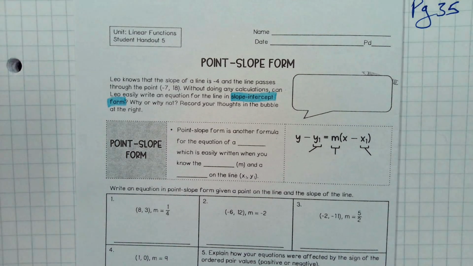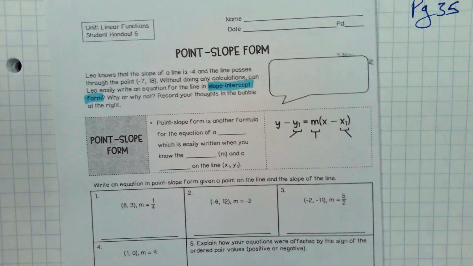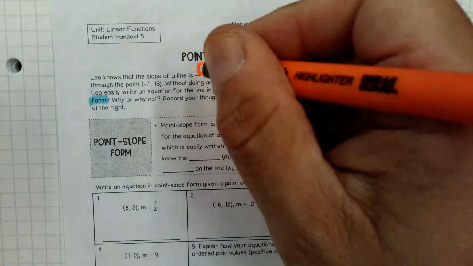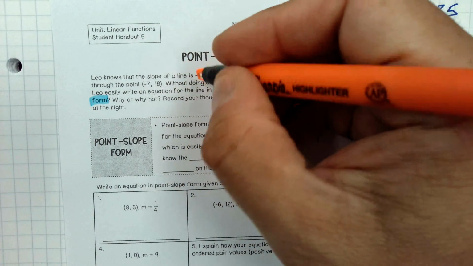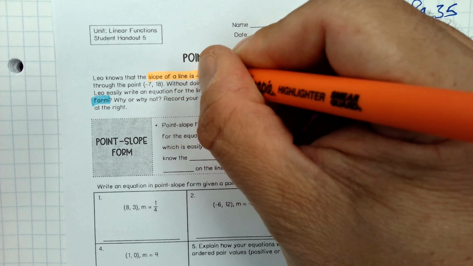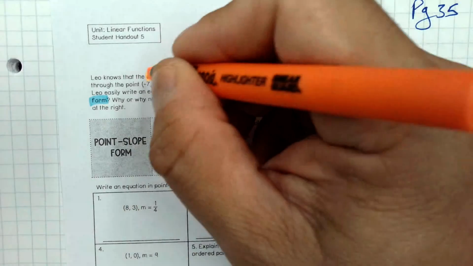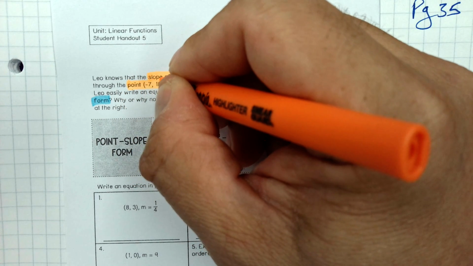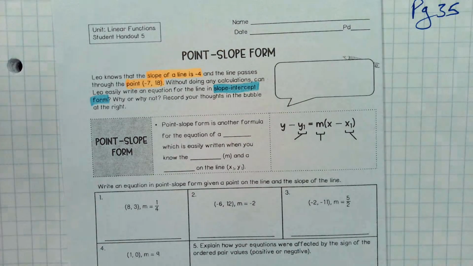Is that possible with the information he has? And the information he has is the slope and a point. He has that information and he wants to write it in slope-intercept form.